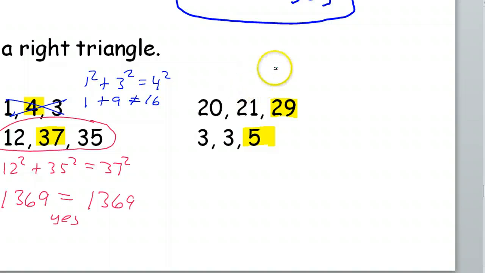Okay, let's try this again. Does 20 squared plus 21 squared equal 29 squared? My calculator's going to help me.